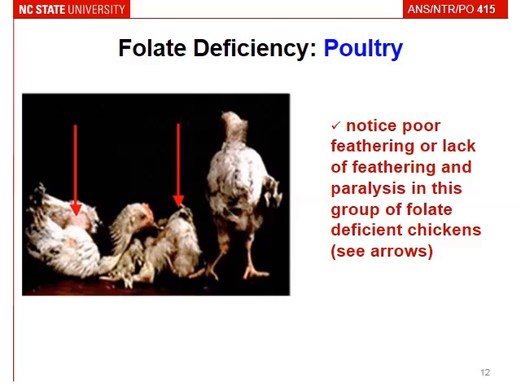We have this chicken and this chicken. They both have folate deficiency, and you can see the paralysis, so they are unwilling to stand up. In addition, they have poor feathering here. So that's a very good indication that we have folate deficiency in the flock.